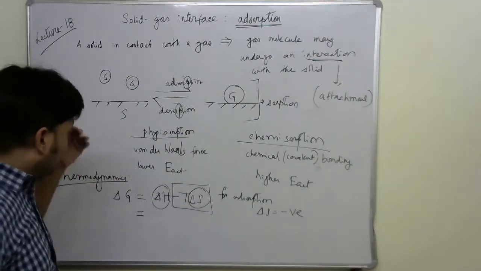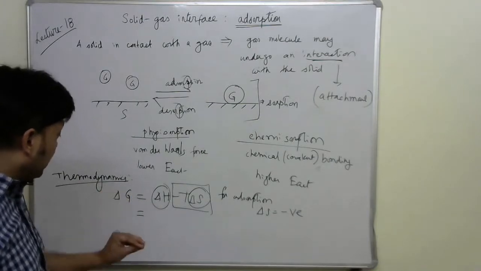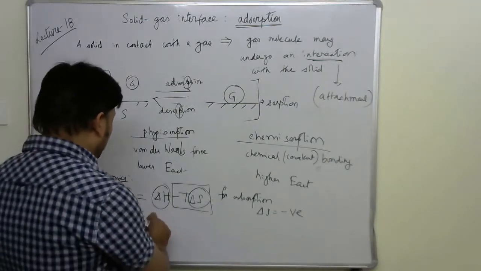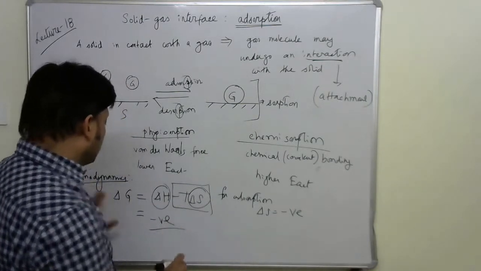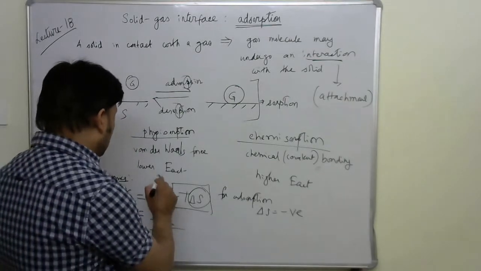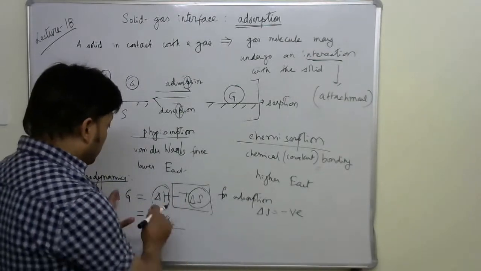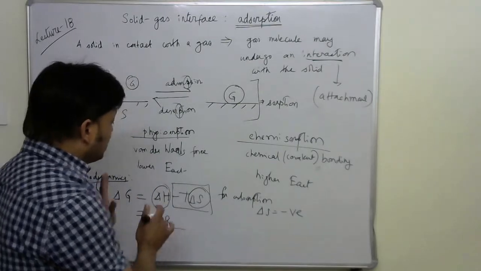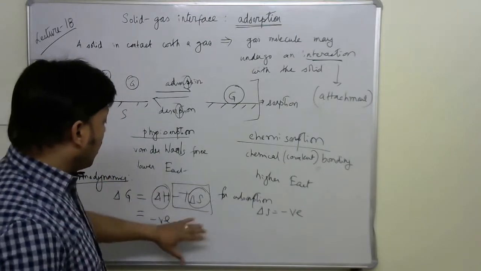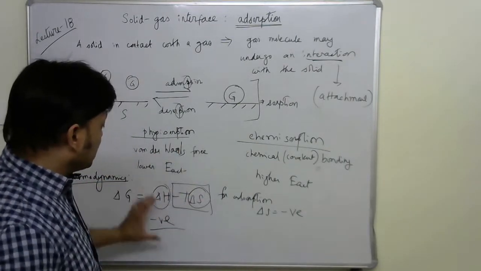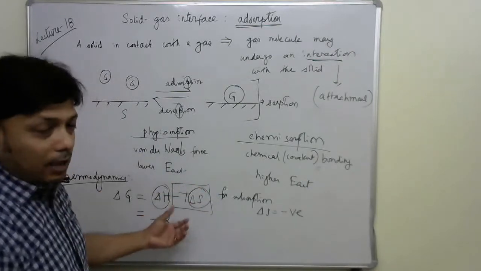For the adsorption process to be spontaneous, we want delta G to be negative. For delta G to be negative, delta H should be highly negative, in such a manner that it can surpass the high positive T delta S value.